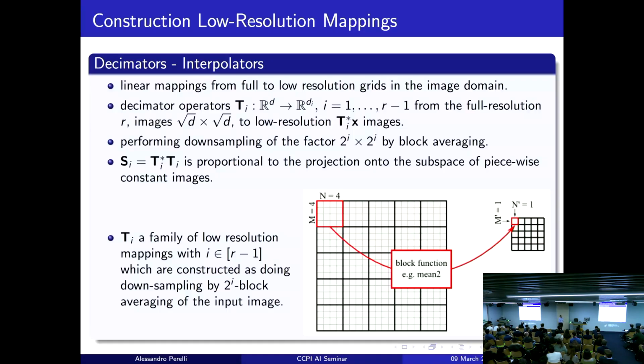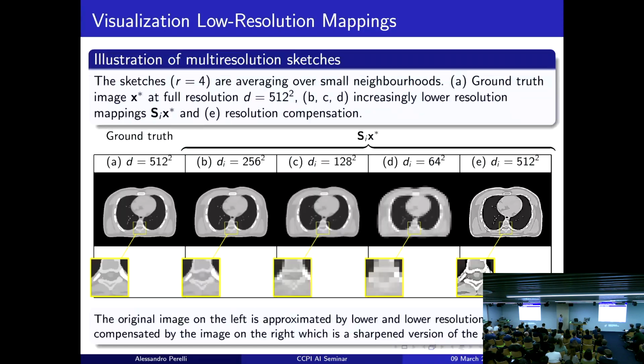Then the sketch is effectively T adjoint times T, which is a projection onto the subspace of piecewise constant images. So we have this T_i, a family of low resolution mappings done by block averaging in this way.